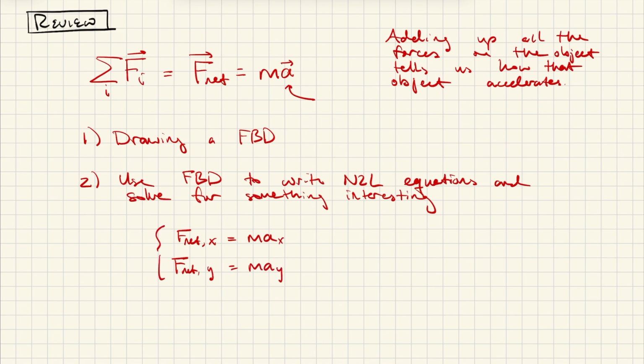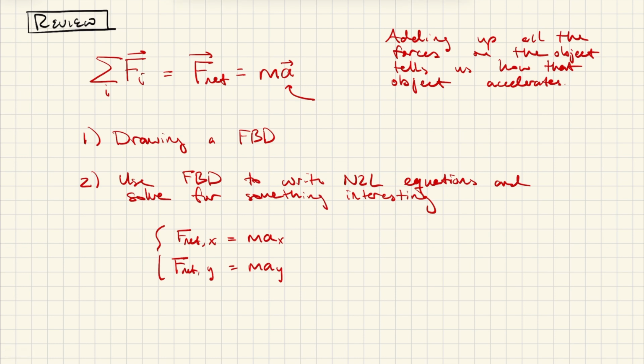In other words, the total forces in the x direction tell me about the total acceleration in the x direction, and the total forces in the y direction tell me about the total acceleration in the y direction. These two coordinates don't really have anything to do with each other. X and y are independent, so you can set up equations for each coordinate independently.